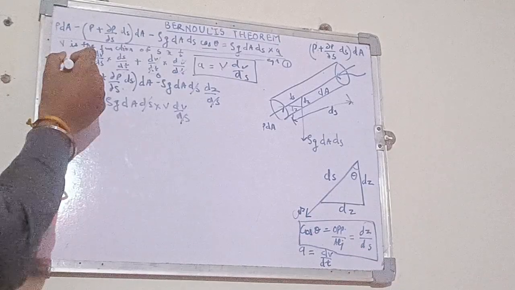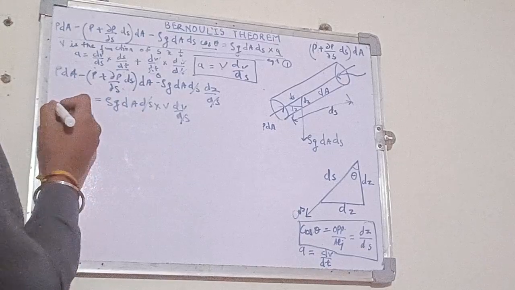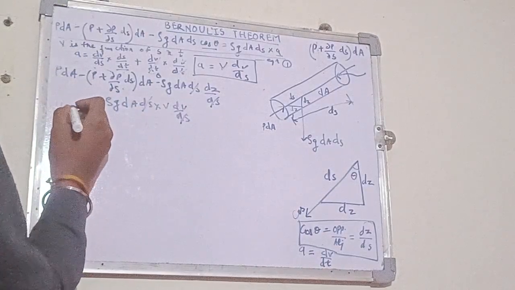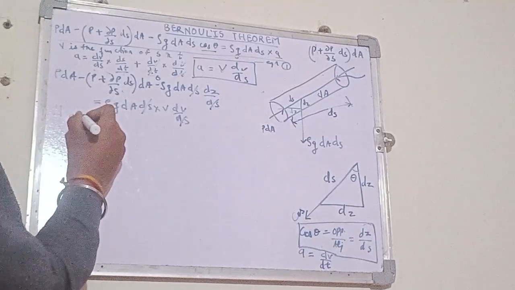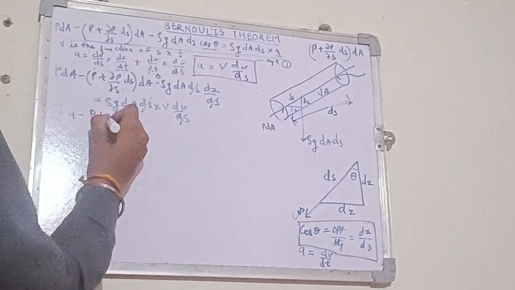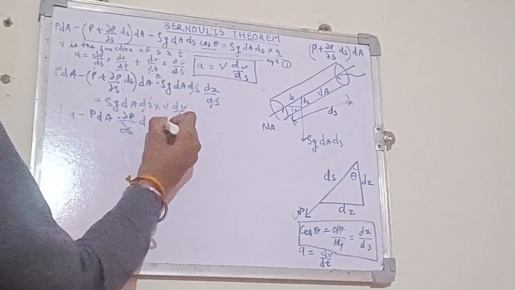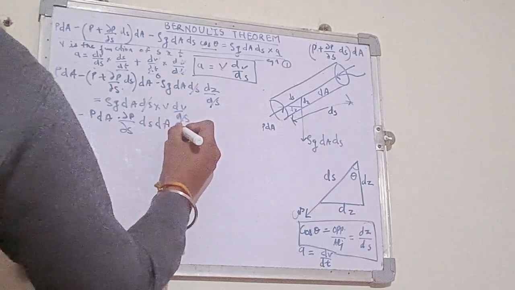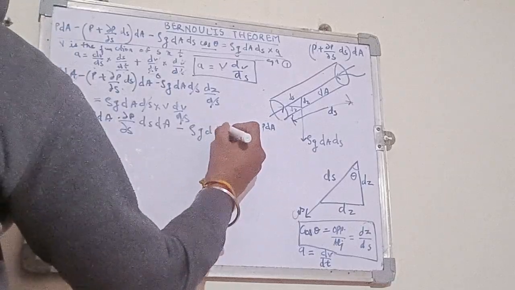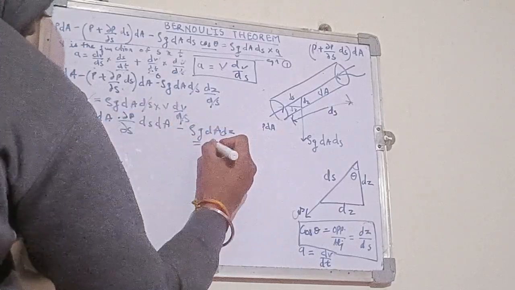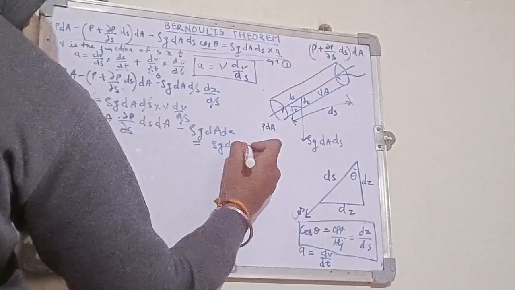When we multiply this out, we get PdA minus PdA minus del P by del s ds dA minus rho g dA dz is equal to rho dA v dv.